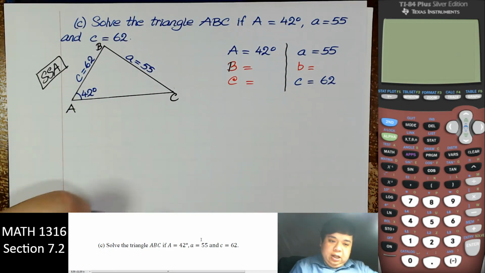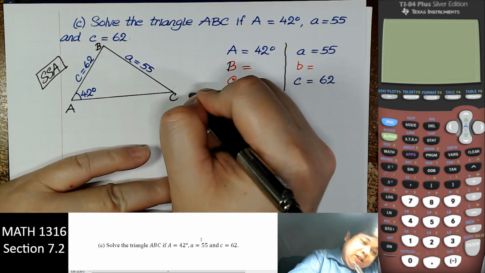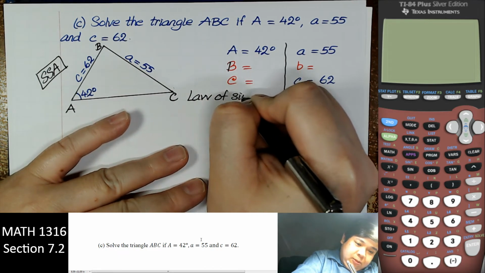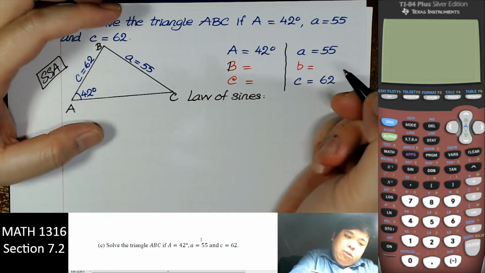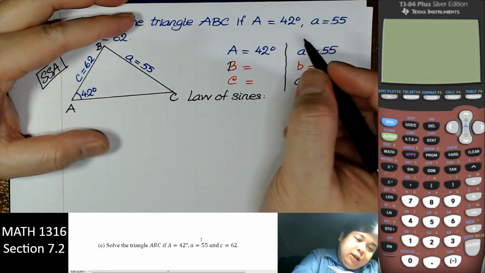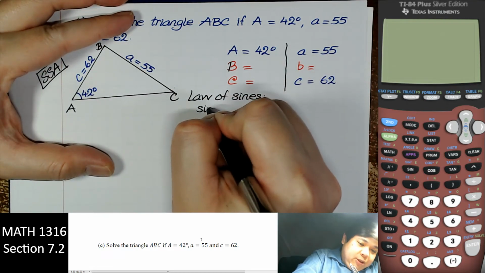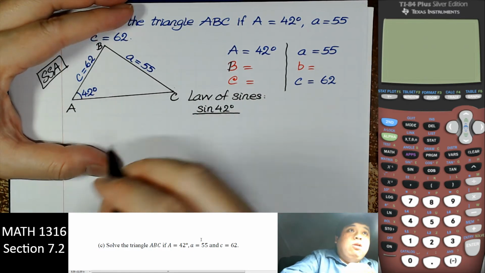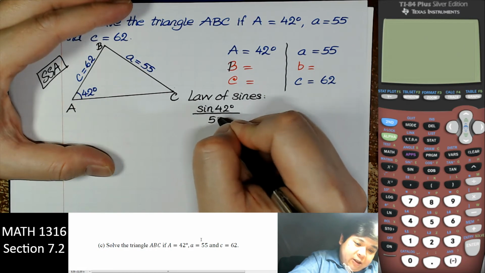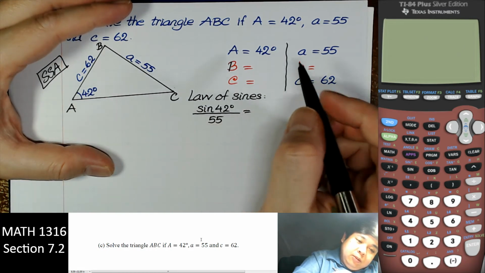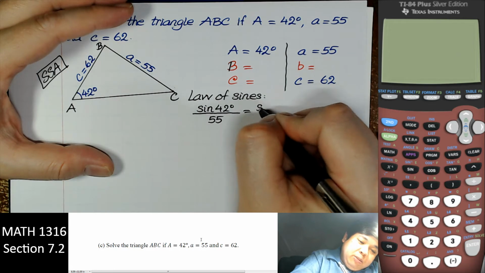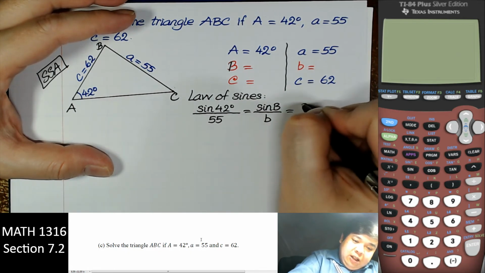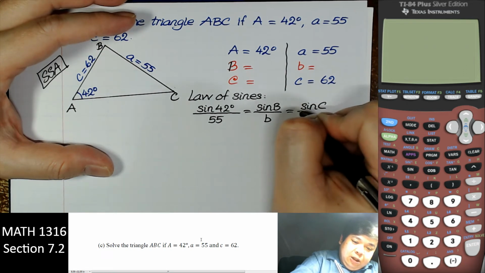Right. So once again, law of sines. Sine of 42 degrees over 55 equals sine of big B over little b, equals sine of big C over little c.